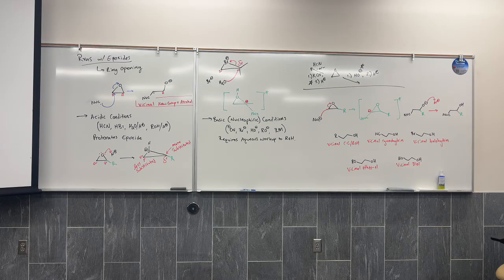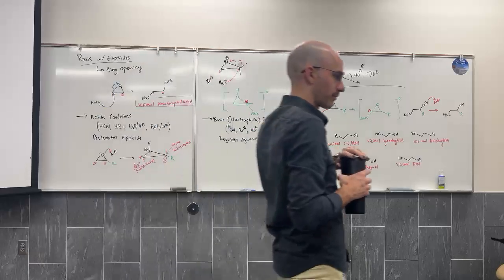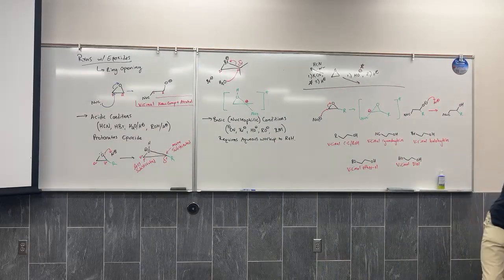Okay. Yeah, I'm not seeing how I could make that 3 steps. Is that what we do though? I think you have 2 options. Maybe if it was an epoxide, then we would get that tertiary OH.